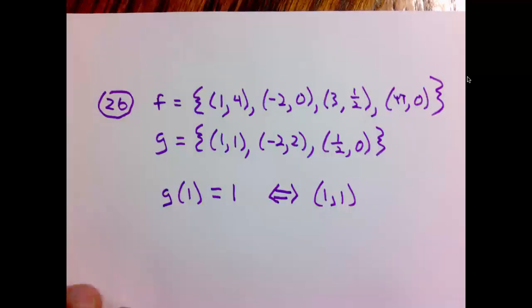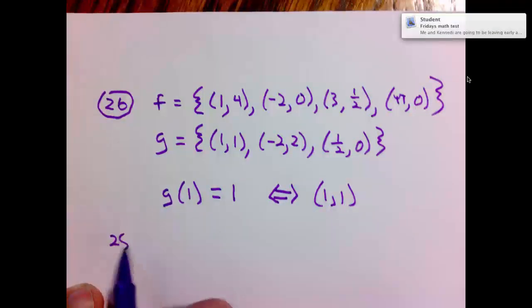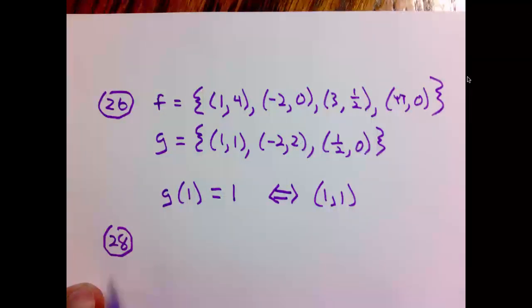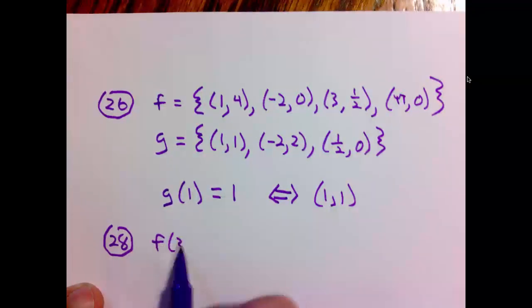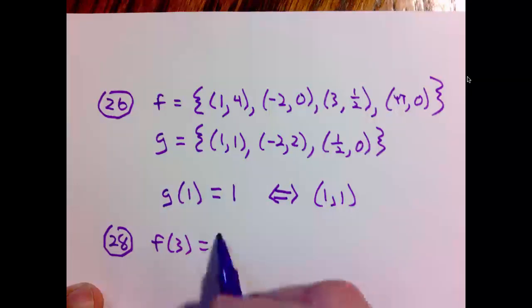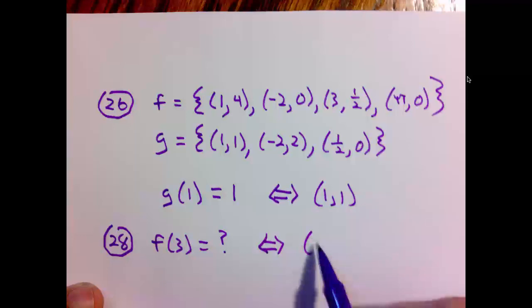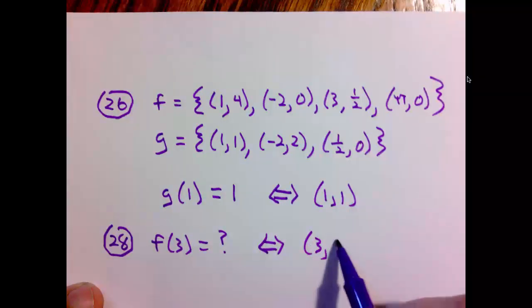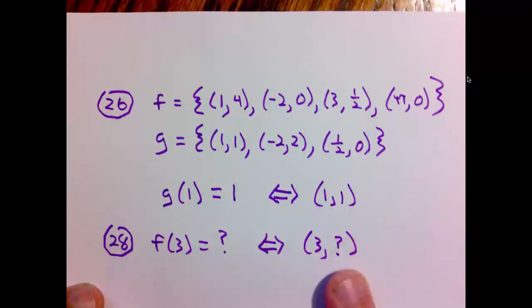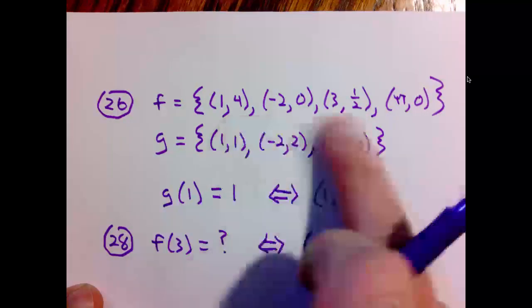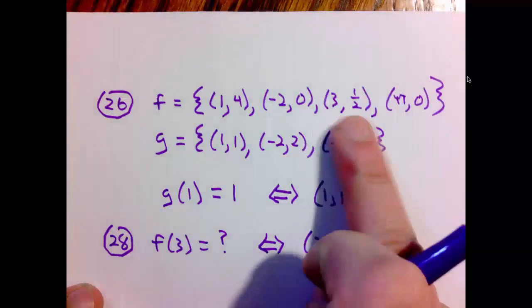Alright, now looking at number 28. They are asking, what is f of 3? F of 3 equals what? That's the question. Well, that's analogous to saying, hey, when x is 3, what is the associated y value? What does 3 map to? 3 pairs with what? Well, going to our f function, 3 pairs to 1/2.